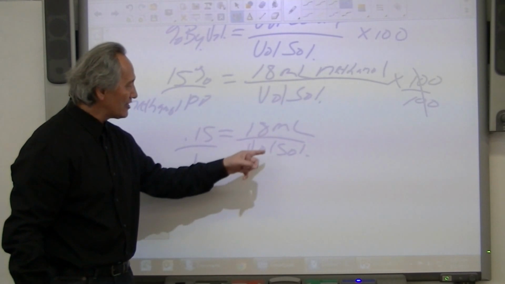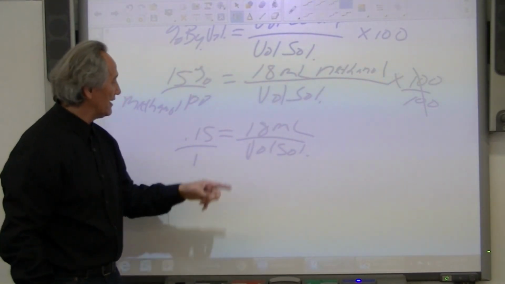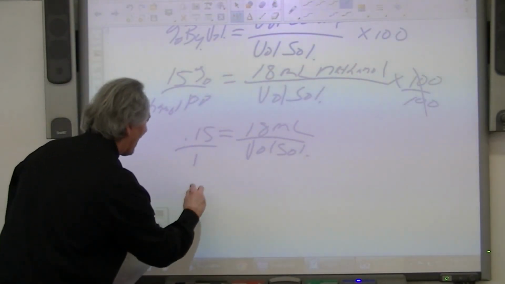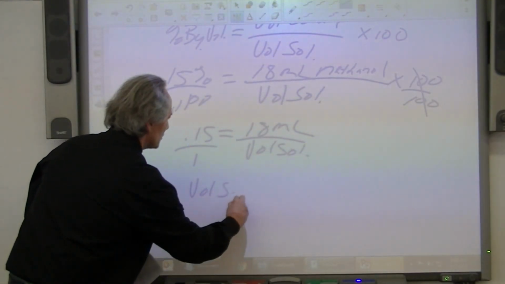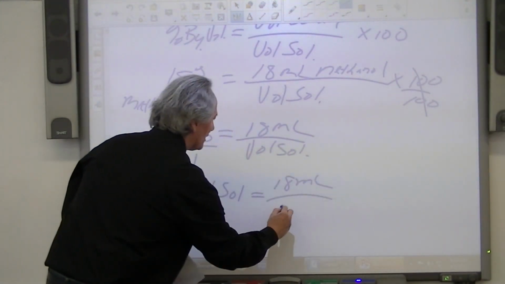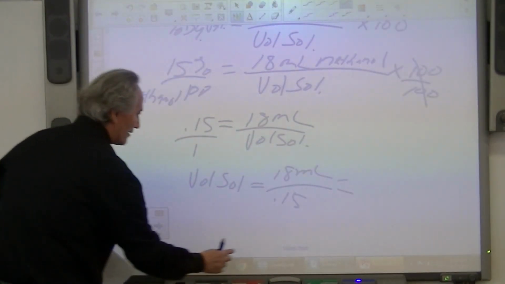Well, let's just do this. Let's isolate volume of solution and rewrite the expression in terms of 18 milliliters and the percent by volume. So hence we have volume of solution equals 18 milliliters divided by 0.15, and hence, let's put that in our calculator.